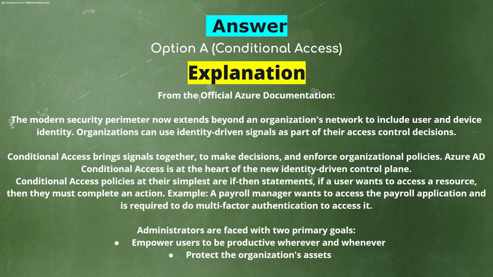Conditional access policies, at their simplest, are if-then statements. If a user wants to access a resource, then they must complete an action. Example. A payroll manager wants to access the payroll application and is required to do multi-factor authentication to access it. Administrators are faced with two primary goals. Number 1, empower users to be productive wherever and whenever. Number 2, protect the organization's assets.